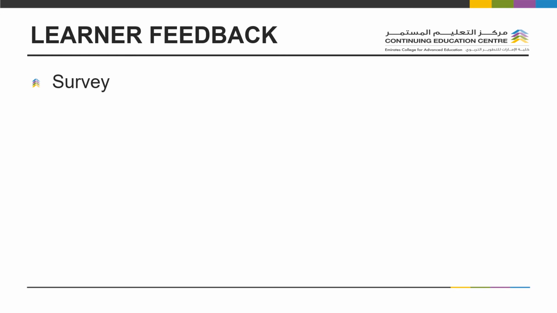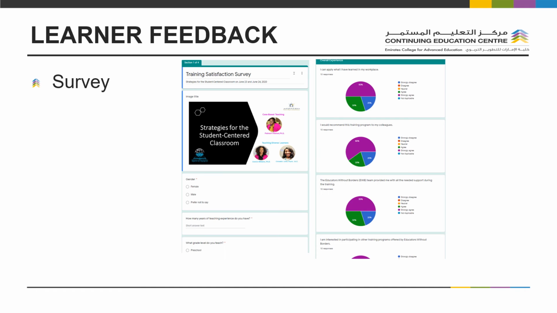So maybe the most common one is to do a survey. And you can survey your learners with a really short Google form at the end, or even you could ask them to do it during the training process. Like if you're having a virtual class and there are multiple sessions, you might want to do a survey throughout the training process. So here's an example of one of my training satisfaction surveys that I did at the end of a virtual workshop.